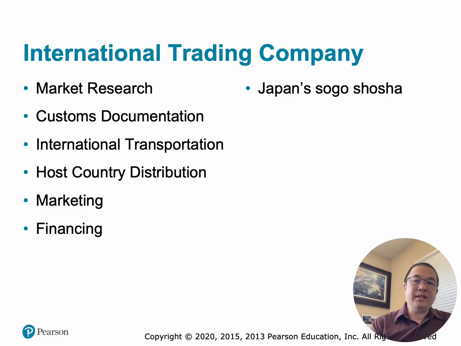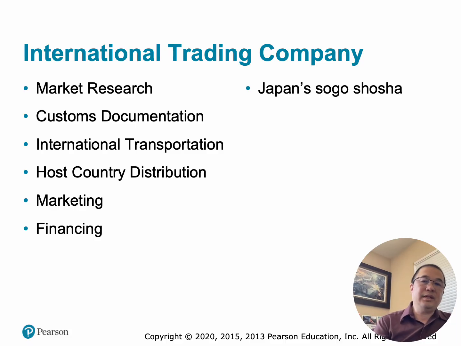Number three, international transportation. The ITC arranges the movement of goods across borders. Responsibilities include ocean freight, air freight, trucking, insurance, and shipment tracking. The benefit here is that manufacturers don't need their own logistics expertise.